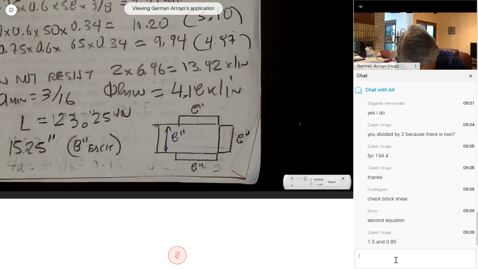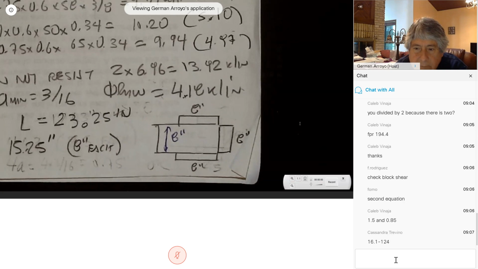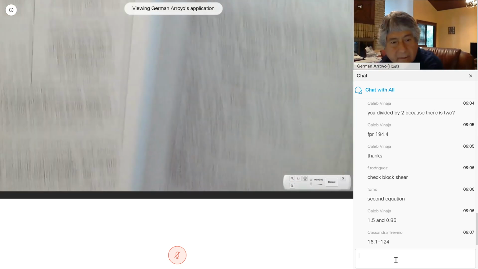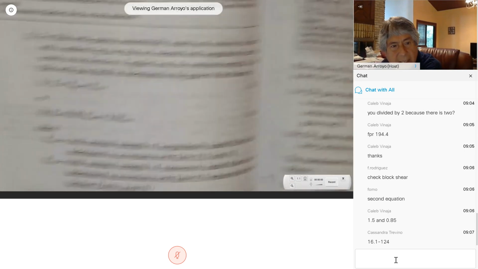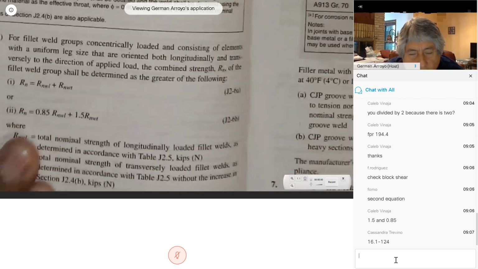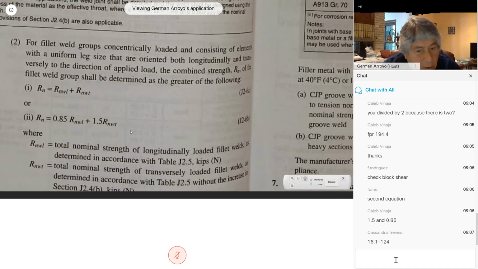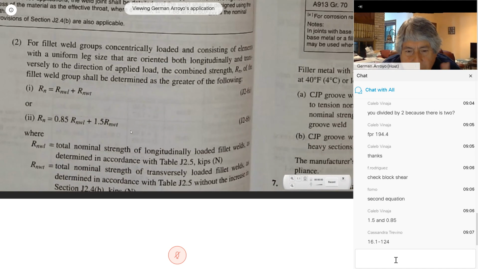Where in the code is that equation? What page in the code is that equation? Excellent. These are the equations, and that is the correct page, 16.1-120. Whenever I'm solving a problem, and look, all that we have is time, we have plenty of time.